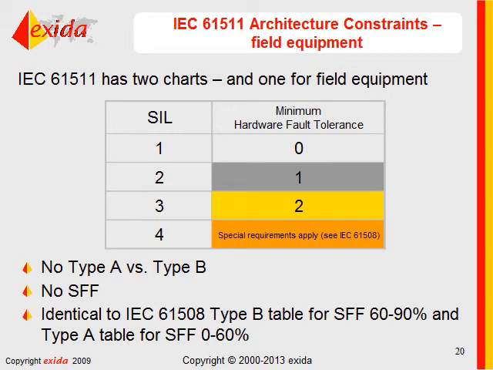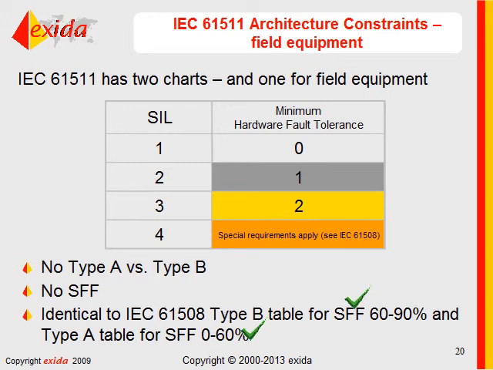61511 has a second chart for field equipment, and they simplified. It's identical to 61508 if you assume safe failure fraction is 60 to 90 for type B components and 0 to 60 for type A components.